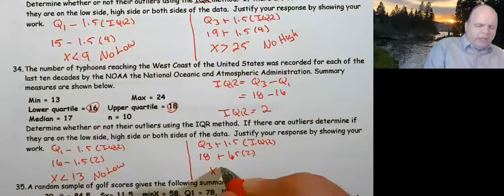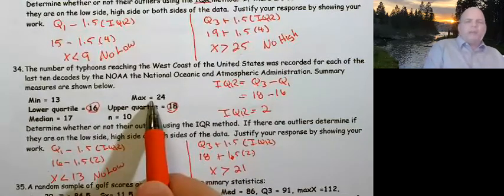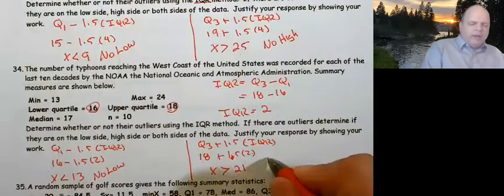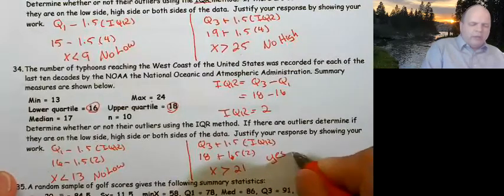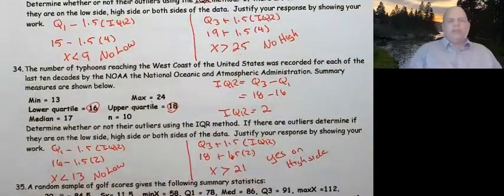So are there any X values greater than 21? We see that our max is 24. That's greater than 21. So we do have yes on the high side. No on the low side, yes on the high side.